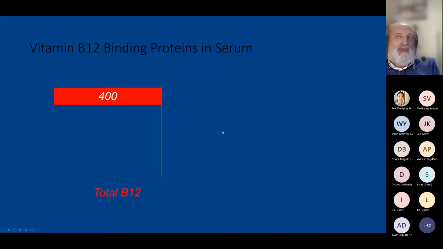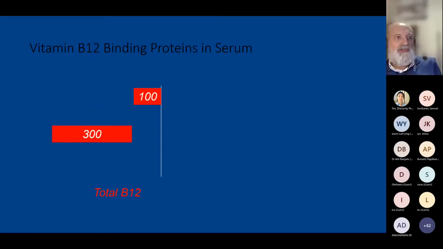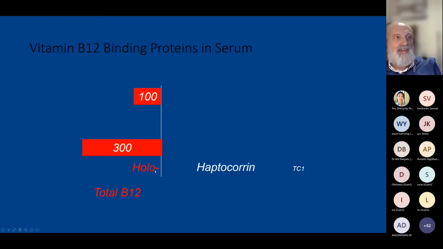Now, what about once it gets into the blood? Let's say a patient has a B12 level of 400. The B12 in the blood is also bound to different proteins. Typically, the major part of the B12, 300 of it, is bound to a protein called haptocorrin.